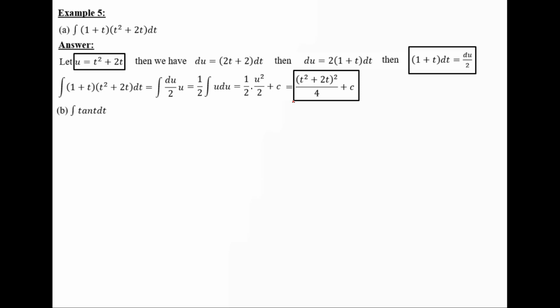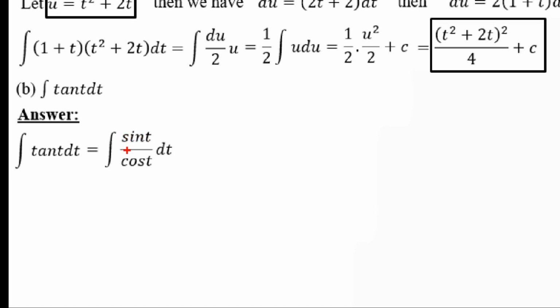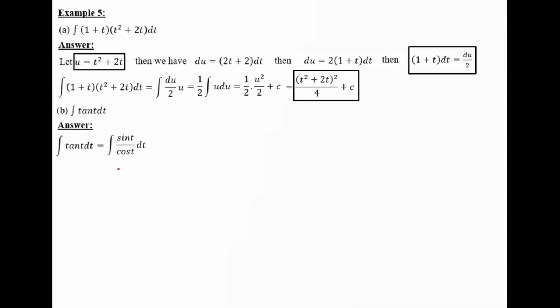Now what about the integral of tangent t dt? You can utilize that tangent t is sine t over cosine t. Now the first step is to assign a new variable or function to one of these. Here the change of variable works because we know that both are related to each other via a derivative, but the thing is, to which one are we going to assign u, the numerator or the denominator?